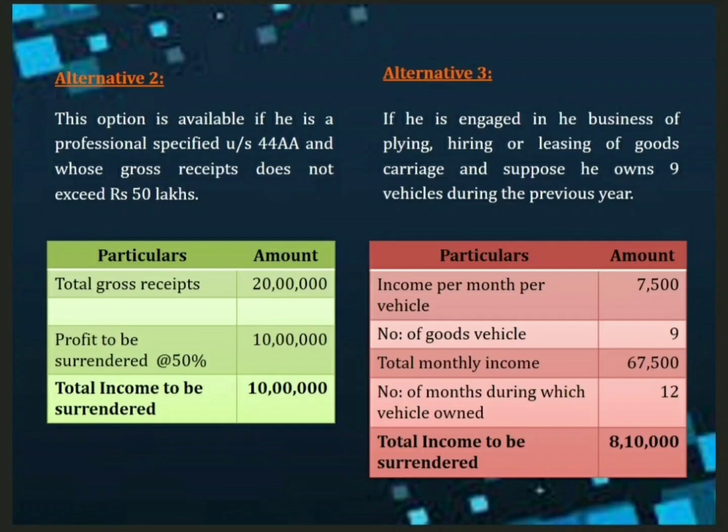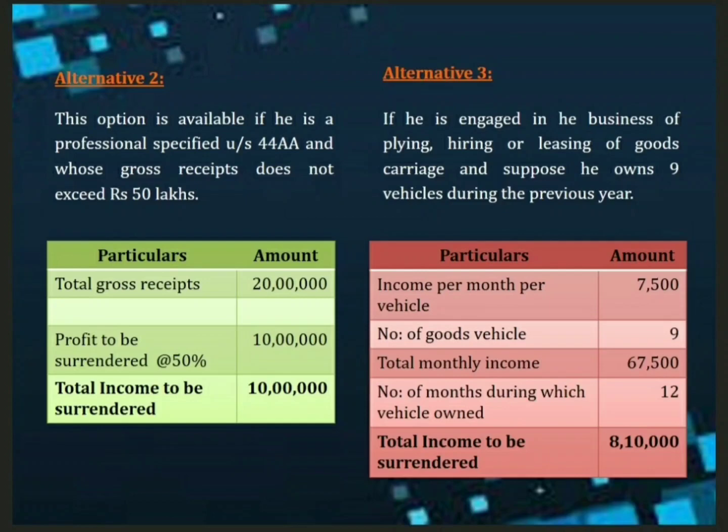So, what was the presumptive income as per this section? For heavy goods vehicles, it was rupees 1000 per ton of the gross vehicle weight or unladen weight for each month or part of the month. And in case of other vehicles, it was rupees 7500 per month or part of the month. In this case, the type of vehicle is not mentioned. Hence, it is assumed that it is an other vehicle.